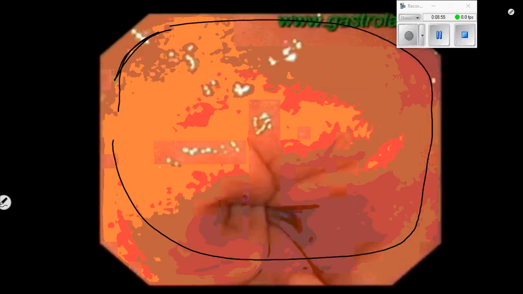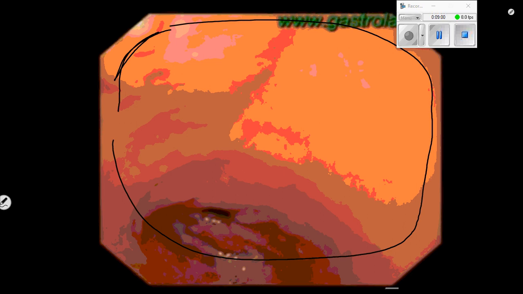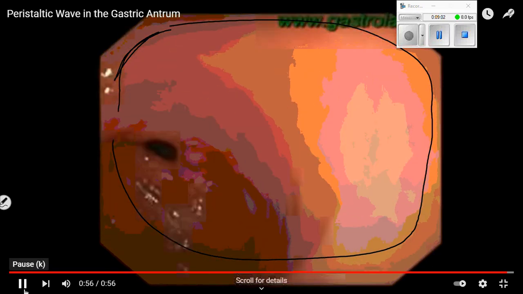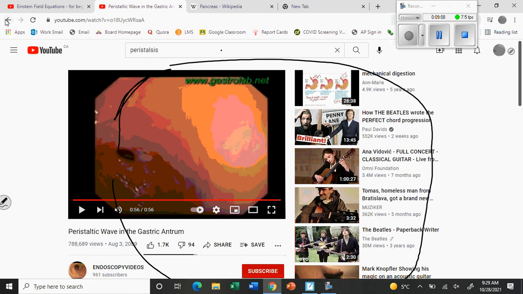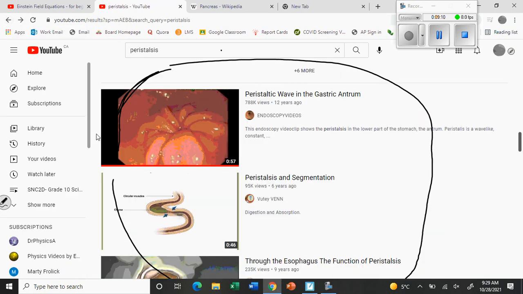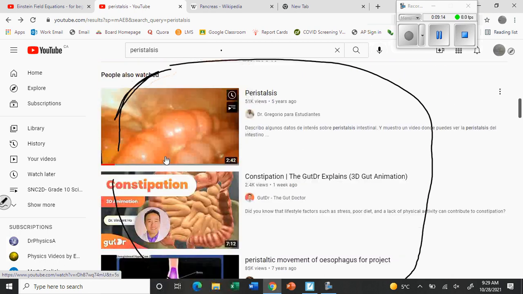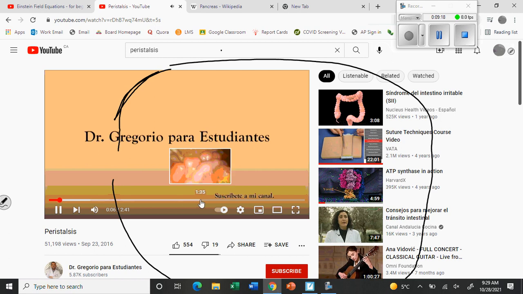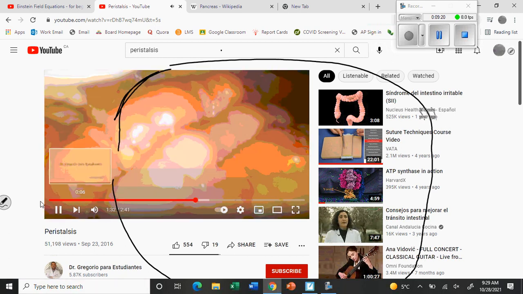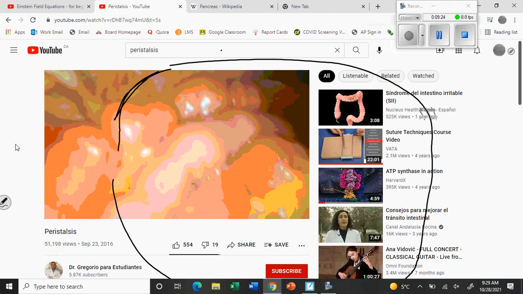So you can see how it's smooth. It's got muscles, right? Let me see if I can find another video that shows it from the outside. I think this one, let's have a look at this one. Okay. So now this is looking at the outside. This is actually in an intestine.